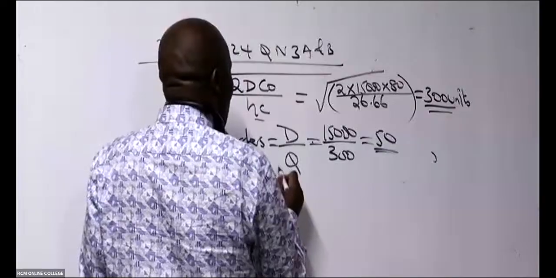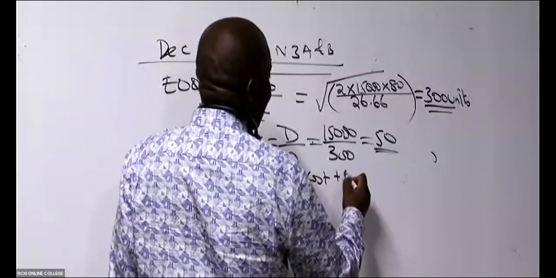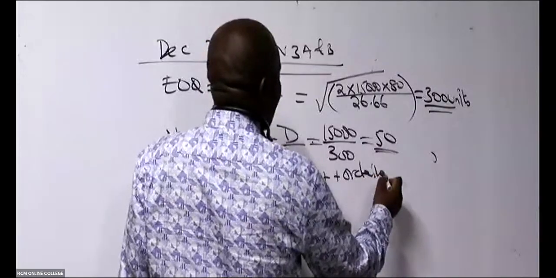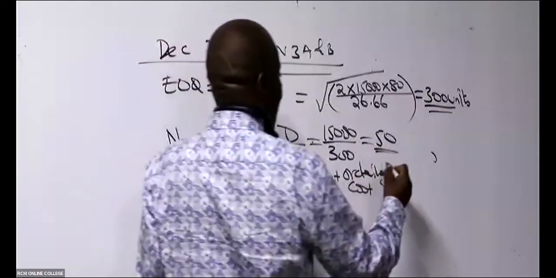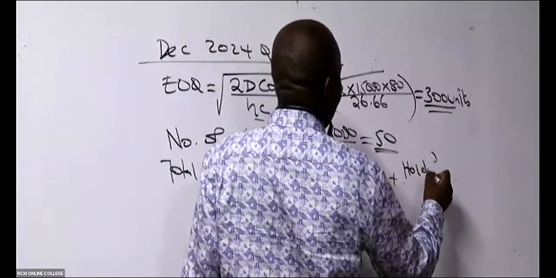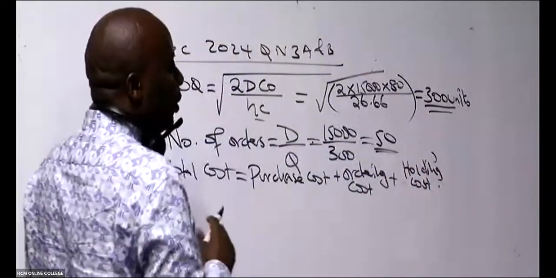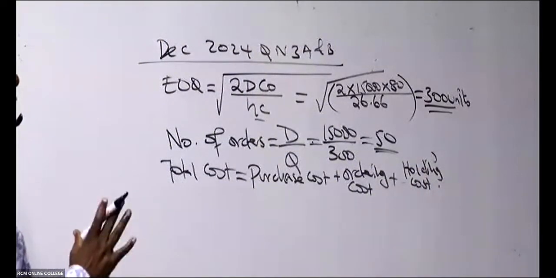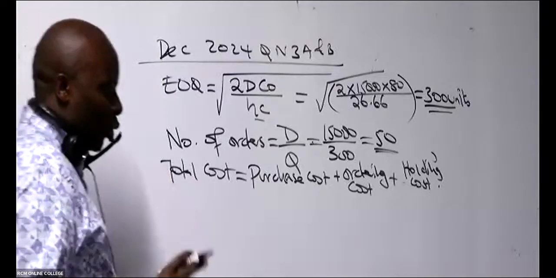Total cost is normally purchase cost plus ordering cost plus, in this case, holding cost. Anytime you want to get total cost, we have those 3 components: purchase cost plus ordering cost plus holding cost.